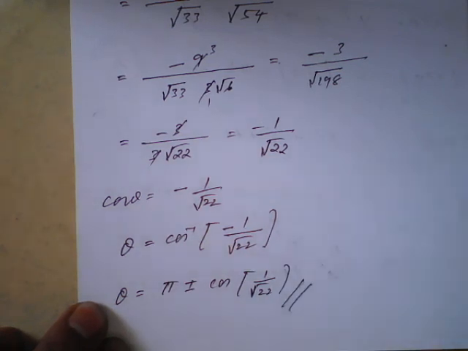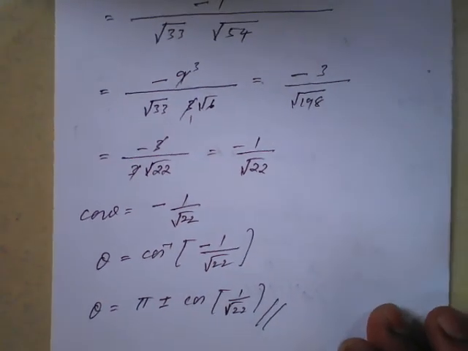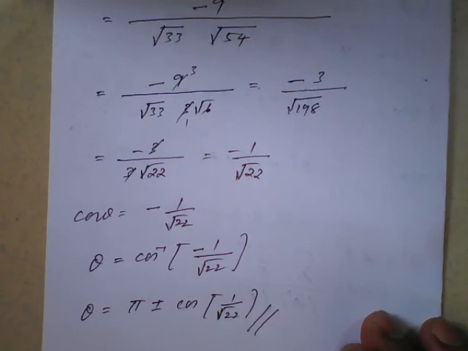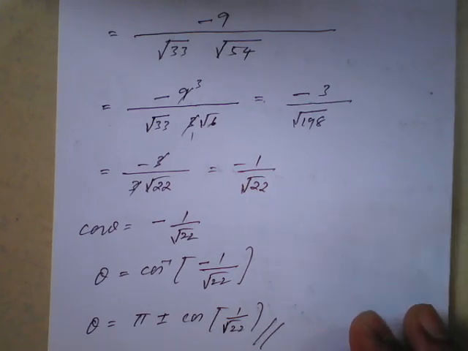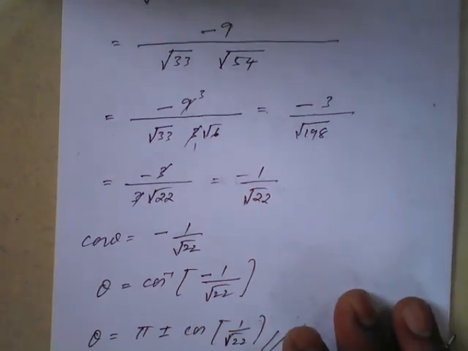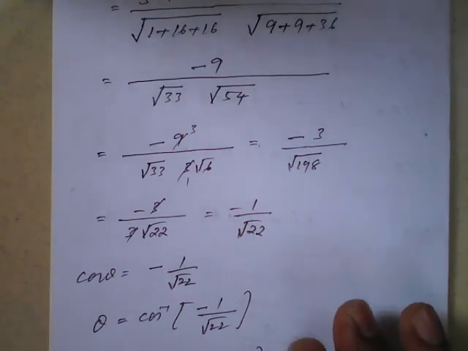So this way we need to find the angle between two normals when two surfaces are given, and how to find it when there is one surface and two points.